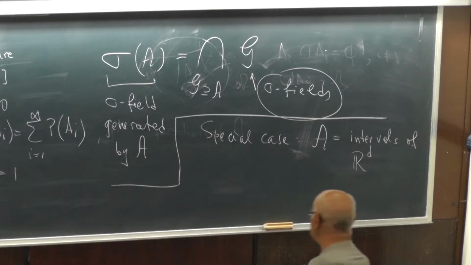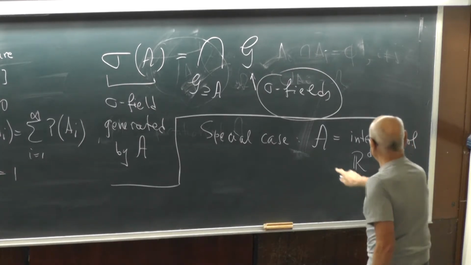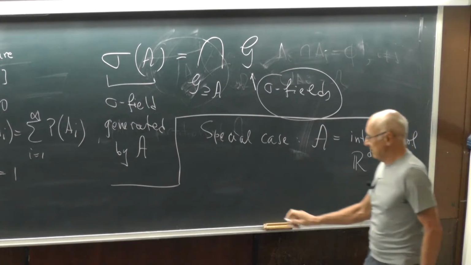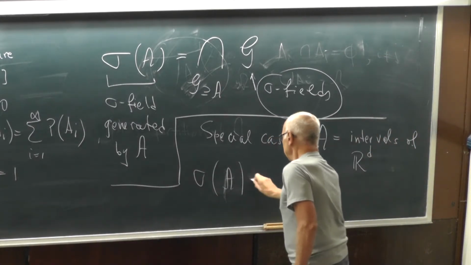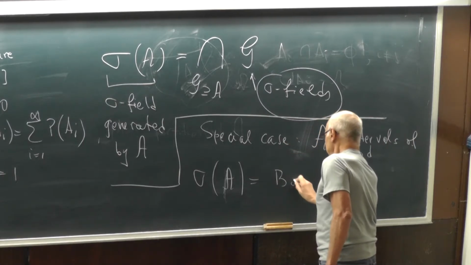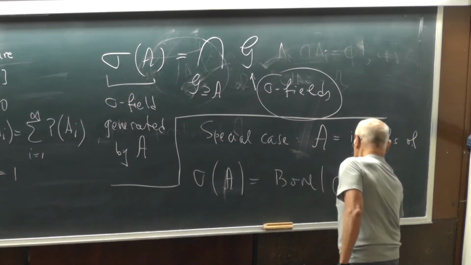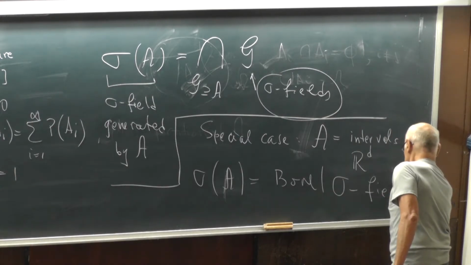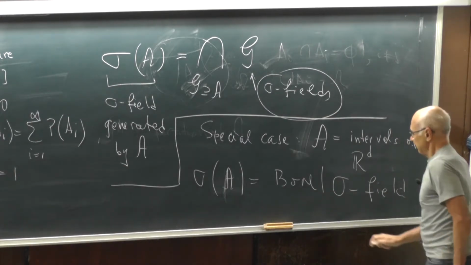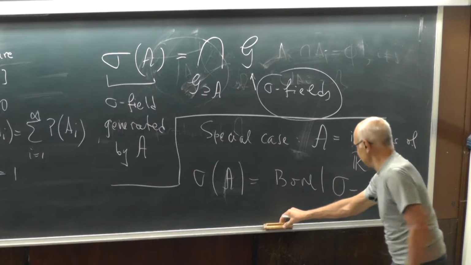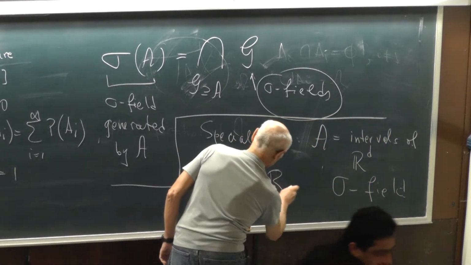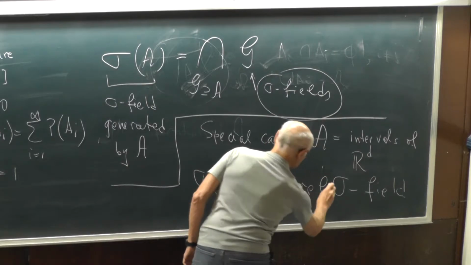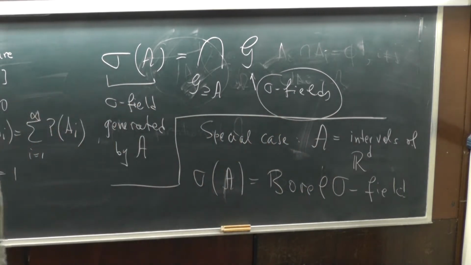Okay? So if A is this interval, then sigma of A is called the Borel sigma field. B-O-R-E-L. Let me write it clearly so you can see it.